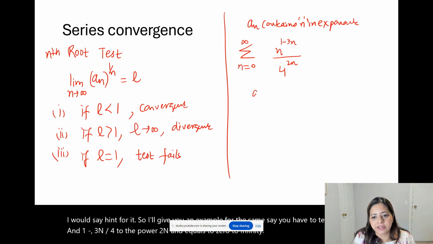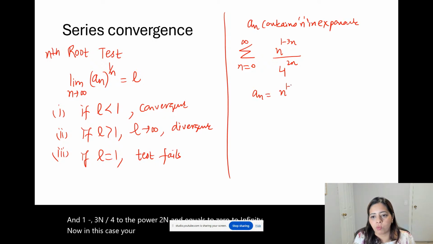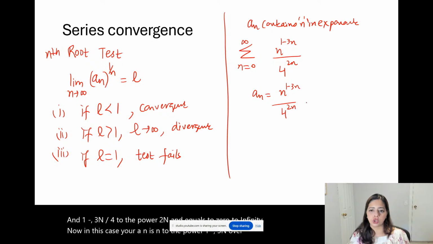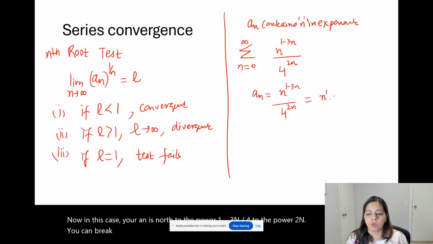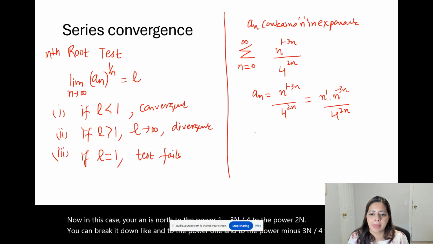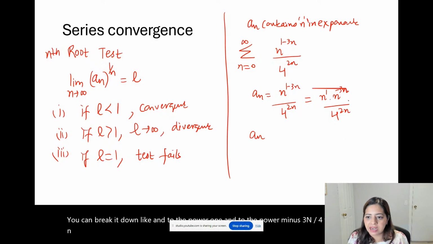Now in this case, your a_n is n to the power 1 minus 3n over 4 to the power 2n. You can break it down like n to the power 1, times n to the power minus 3n, over 4 to the power 2n. Since n is there in the power, I plan to use the root test.